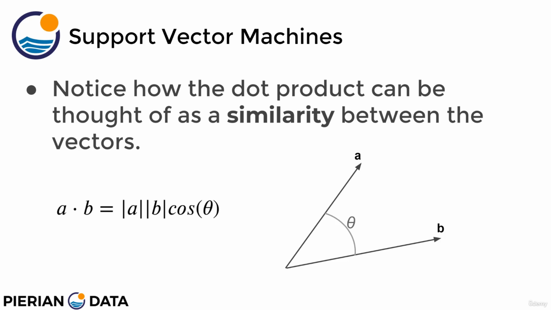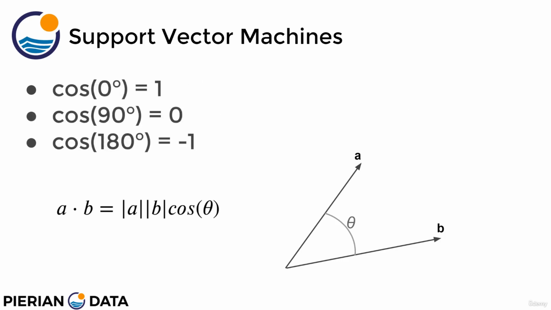So this is going to result in the same calculation as saying A1 times B1 plus A2 times B2. It's essentially another definition for the dot product. The reason this is useful is because with this product of cosine of theta, it's a similarity measurement between the vectors. You can think of this by considering extreme cases.